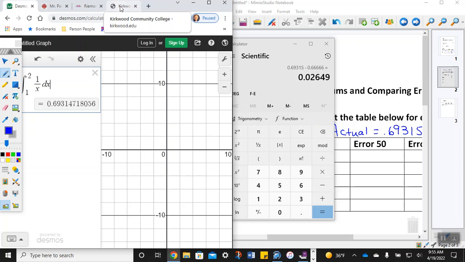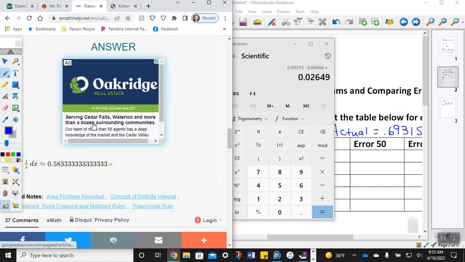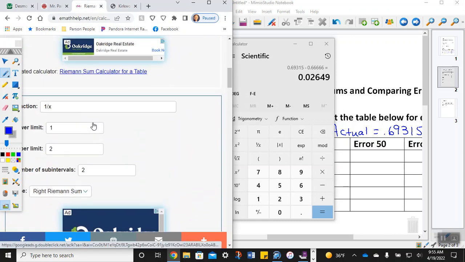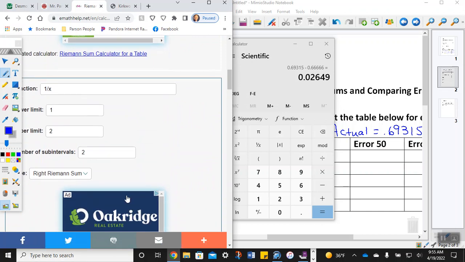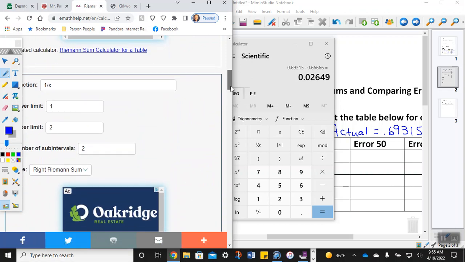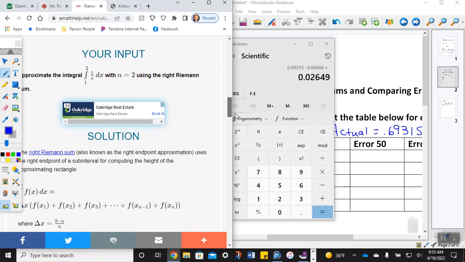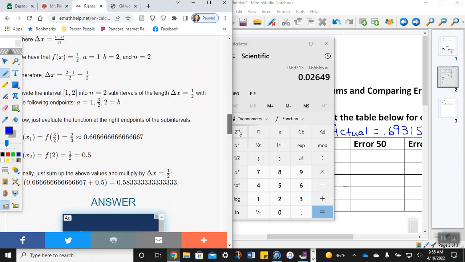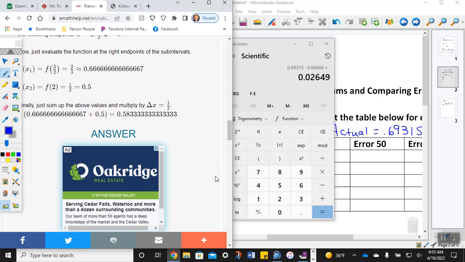Do I have the limits in right on this, kids? 1 to 2, 2 intervals. Huh. I gotta check something again.